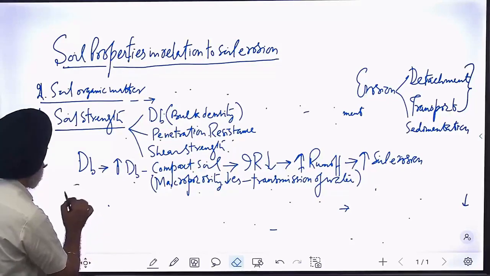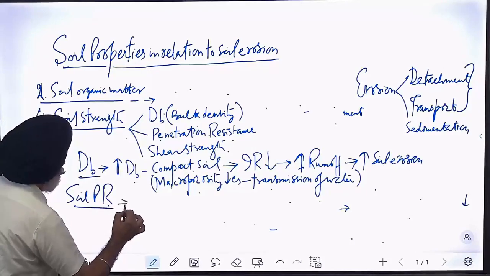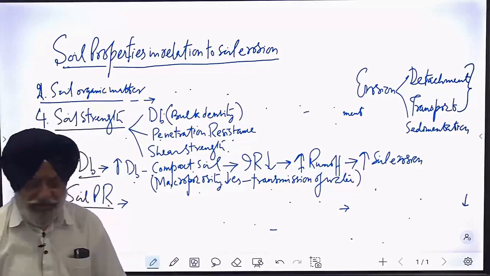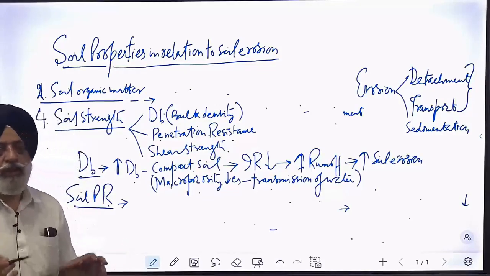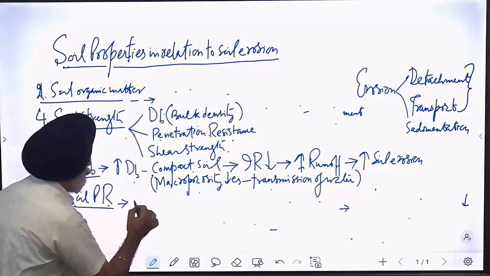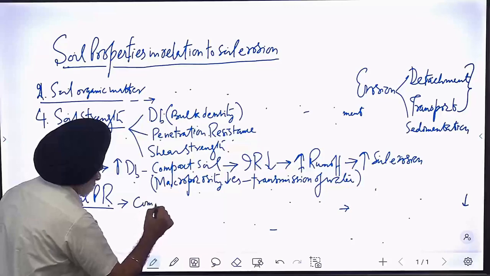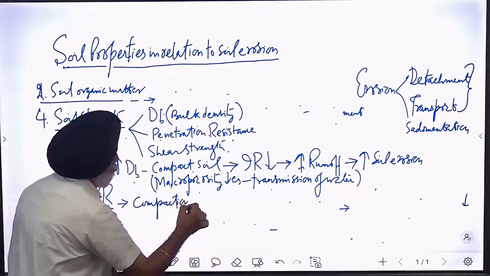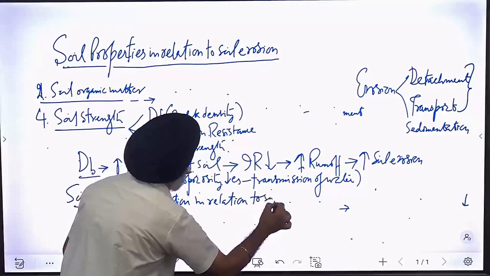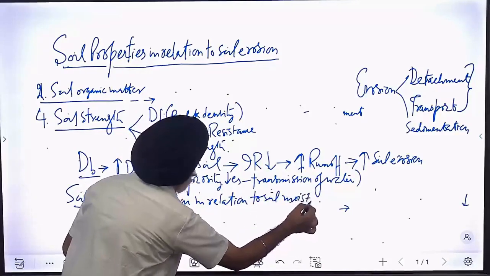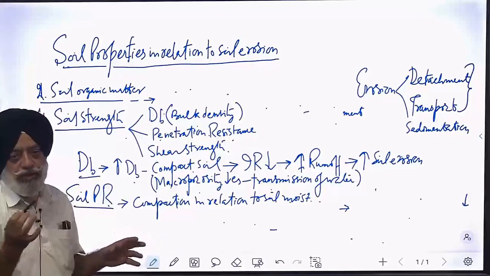Then soil penetration resistance. This is again similar to bulk density. The only thing is it is the resistance of the soil to penetration, and it mainly depends on compaction in relation to soil moisture, because bulk density is mass per unit volume of the dry soil, so there is no question of moisture.